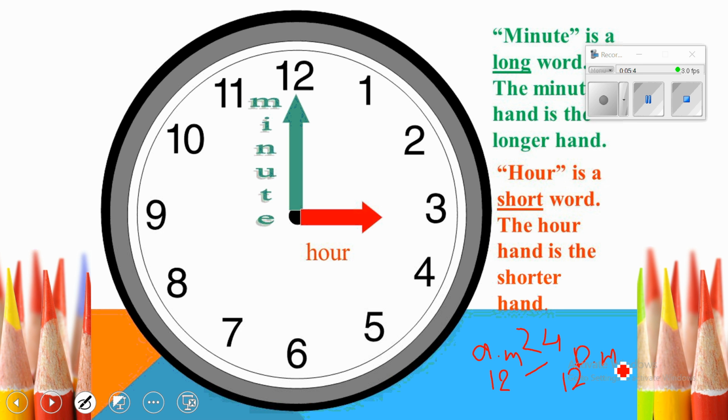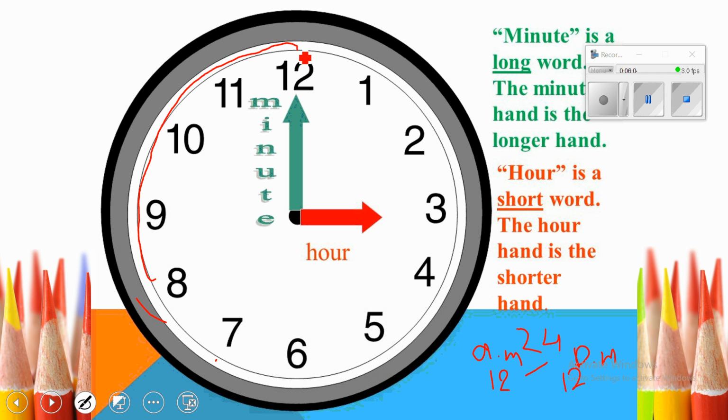It's still moving, and you wake up at 6 in the morning, you eat your breakfast at 7, and then you go to school, then you make a break and pray at 12 p.m. So p.m. starts from 12 p.m.